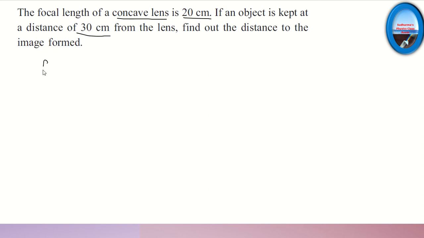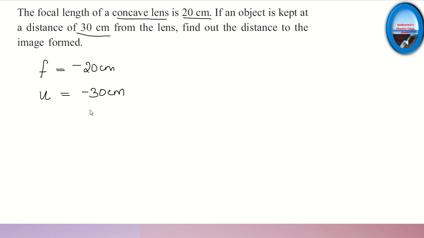As per the new Cartesian sign convention, focal length of a concave lens is negative. So minus 20 centimeters. If an object is kept at a distance of 30 centimeter, object distance for anything, mirror or lens, is negative. So it is minus 30 centimeter.